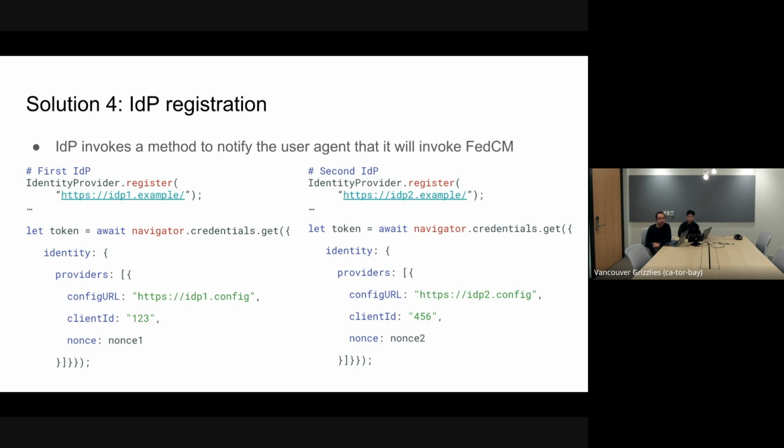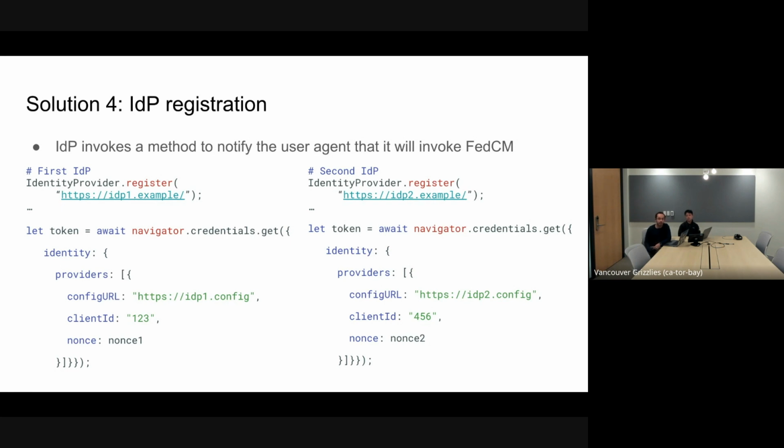And another solution, the last one, but it has two slightly different flavors, is what we call IDP registration. So in this solution, the IDP first invokes a simple register method to notify the user agent that it is going to use FedCM, and later it actually invokes FedCM with the get call.